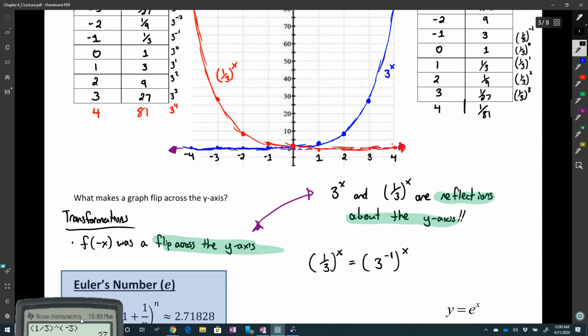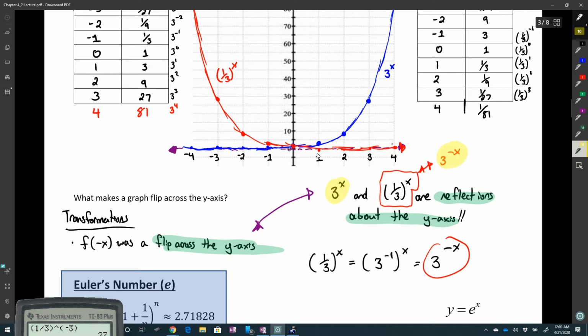And negative 1 times x is 3 to the negative x. So this is why they're reflections about each other. This equation is really exactly the same as 3 to the negative x. So you have 3 to the x, 3 to the negative x, and that's why they're reflections about the y-axis.